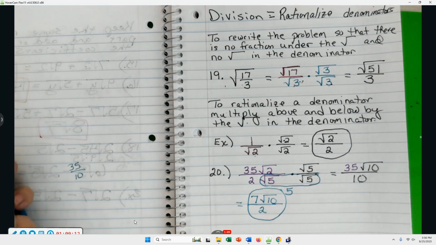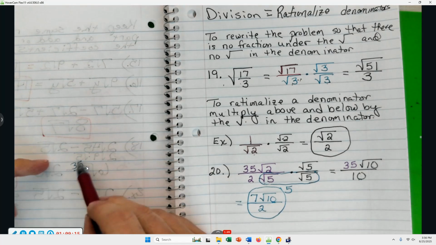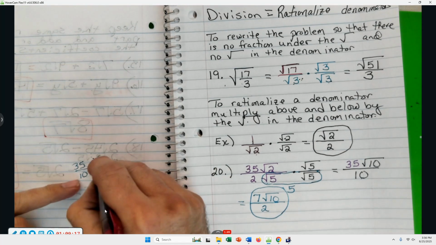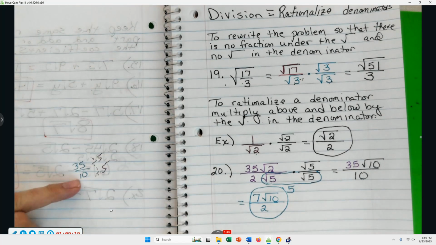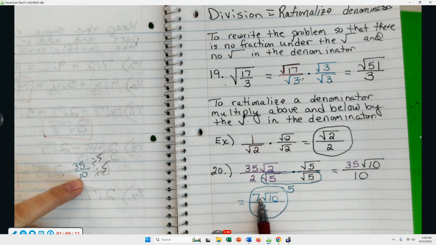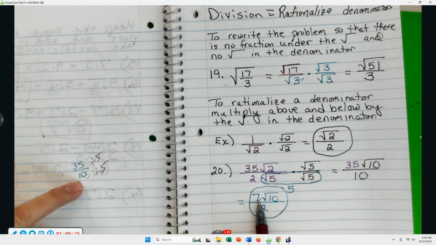I'm just reducing. What number divides into both of them? Well, a 5. So if I divided both of those numbers by 5, 35 divided by 5 gives me the 7. 10 divided by 5 gives the 2. Okay? Any questions on there?